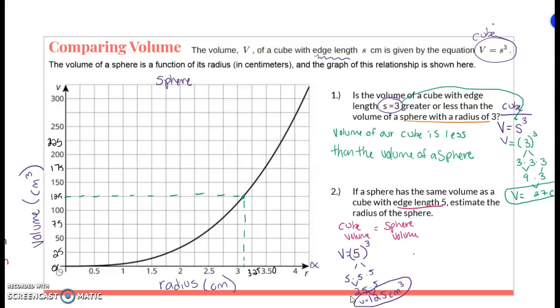I'm going to say the radius of our sphere is approximately, well, it's about halfway, and we established that the last one, halfway through 25, was 12.5. So I'm going to say the radius is approximately 3.12, or you can say 3.15. Anything between those, just make sure it's not greater than 3.25. And that's your notes for today.